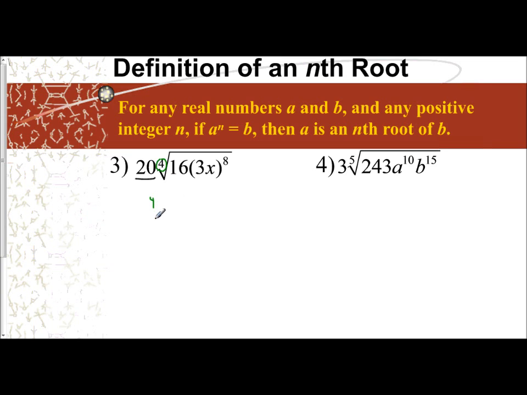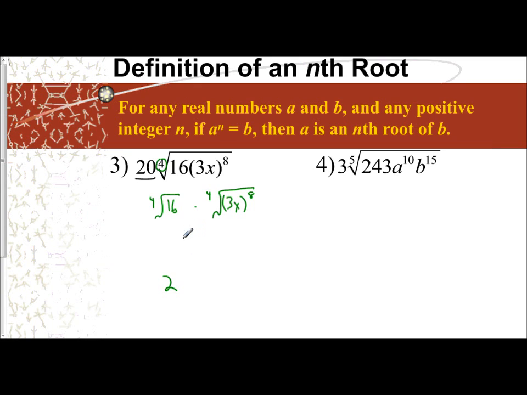So let's do the fourth root of 16 and the fourth root of the quantity 3x to the 8th. Well, I know off the top of my head what the fourth root of 16 is. The quickest way to do the fourth root is to take the square root, which is square root of 16 is 4, and then take the square root again, which is square root of 4 is 2.